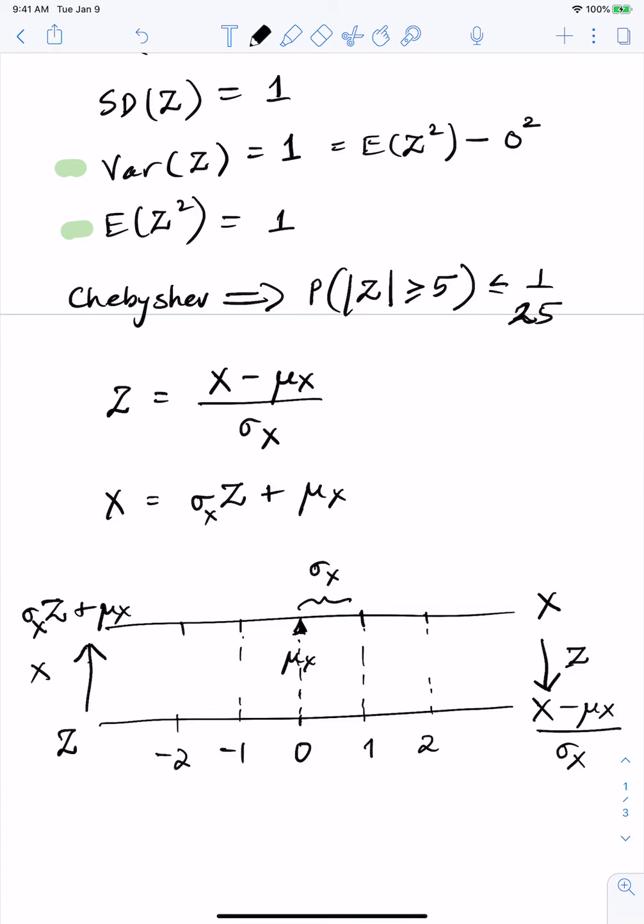And this movement back and forth should become like breathing, because we're going to do a whole lot of conversions to standard units, especially when we work with normal distributions.